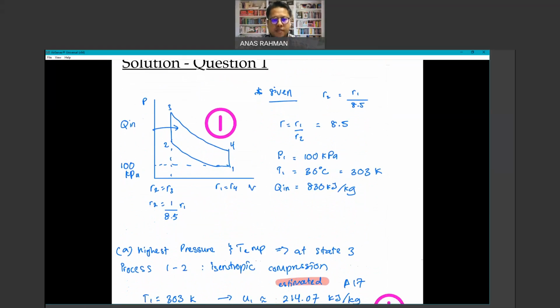So the first part for the Otto cycle is for you to draw the Otto cycle's diagram, and you need to translate or put the information given into the diagram. That's how you get 1 mark. In this test, however, many students just drew the diagram without the info.